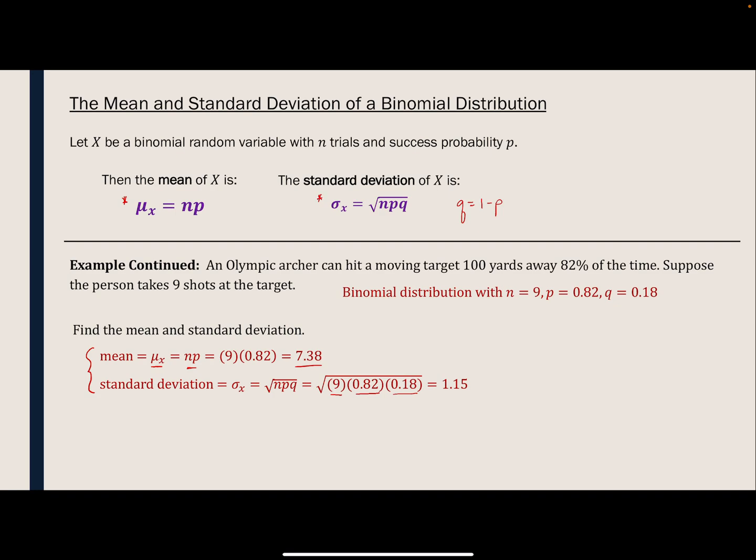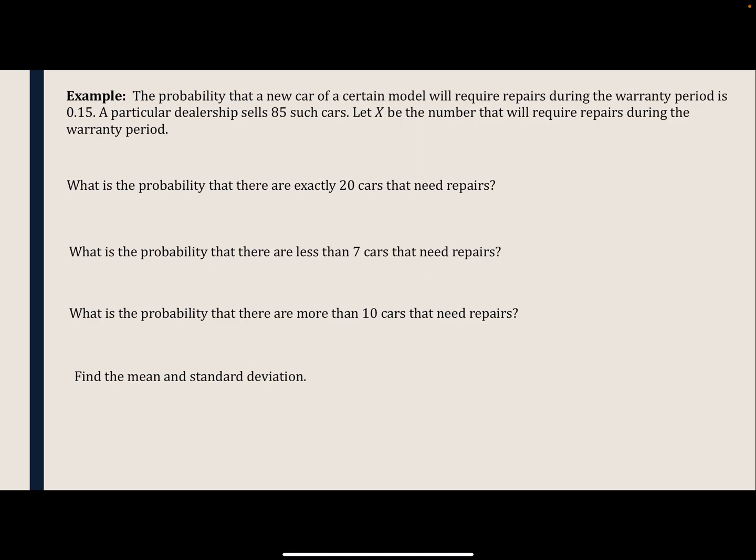Okay, one more example here. It says the probability that a new car of a certain model will require repairs during the warranty period is 0.15. A particular dealership sells 85 such cars. Let X be the number that will require repairs during the warranty period. So we have a limited number of trials, 85 trials, so 85 cars.